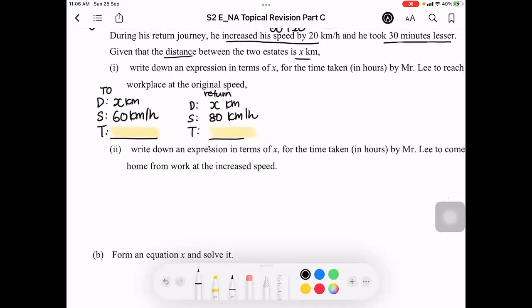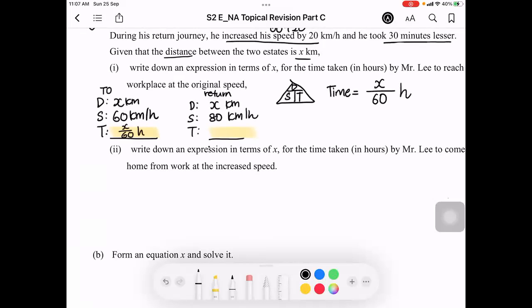Okay, so time, distance equals DST. How to find time? No problem. Okay, DST, so to find time, the distance, which is x, divided by the speed, which is 60, but this is in terms of hour. So this one would be x over 60 of an hour.